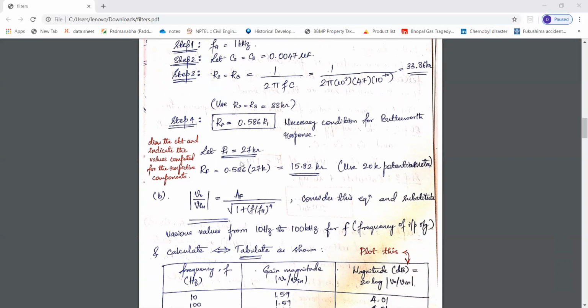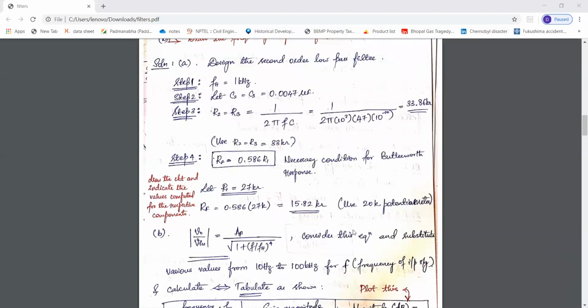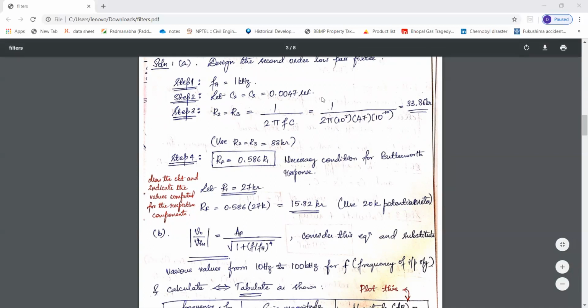Now we have got the values for RF, R1, R2, R3, C2, C3 and FH. Now draw the configuration of the second order low pass filter, and draw the frequency response also, and indicate FH, and mention the value of FH against it.